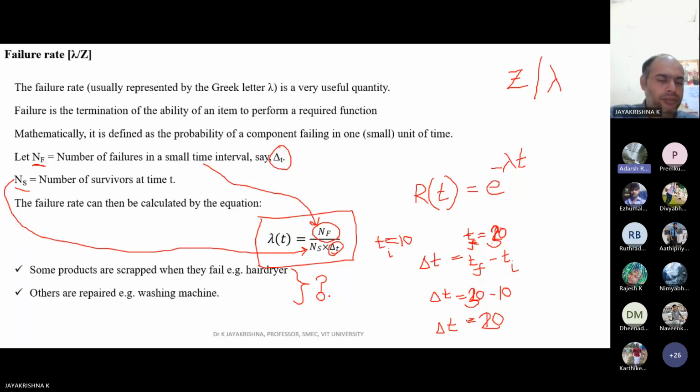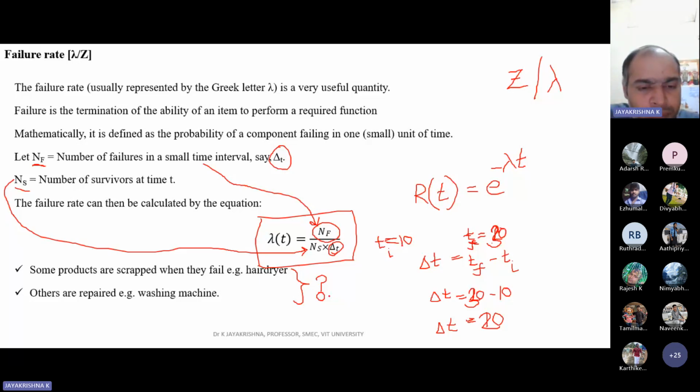Why? Due to cost, sir. It's not worth it when my hair dryer has failed. If I want to repair that hair dryer, the cost of repairing can be more than the cost of the hair dryer, or more or less equal.